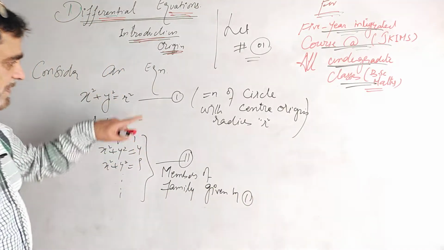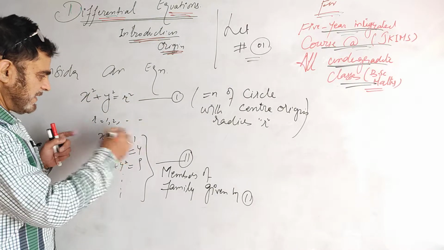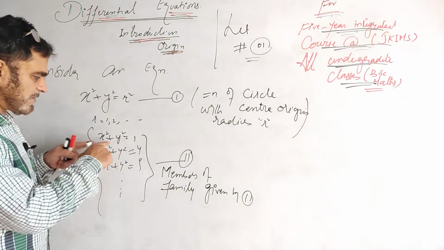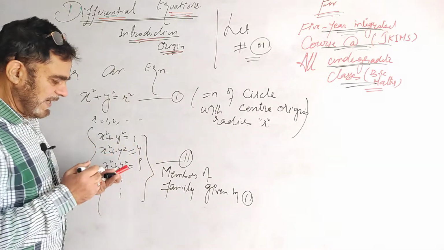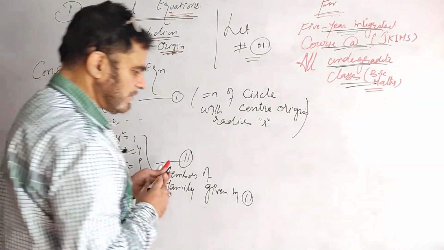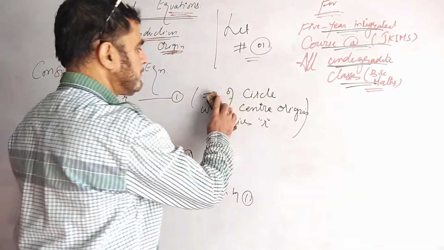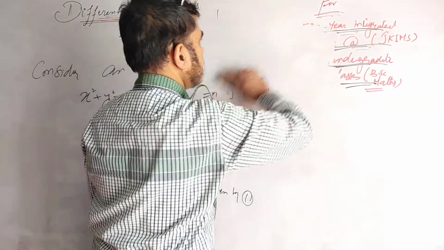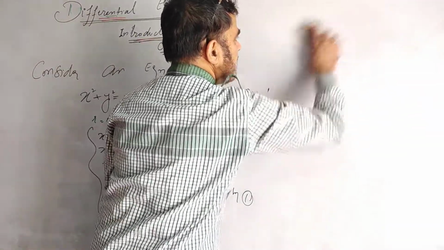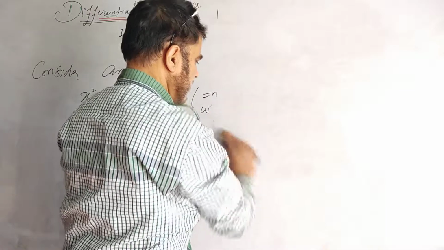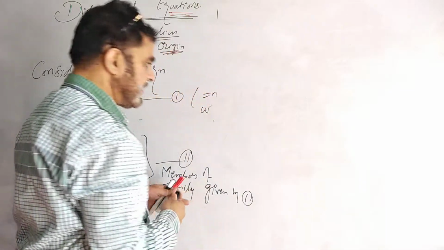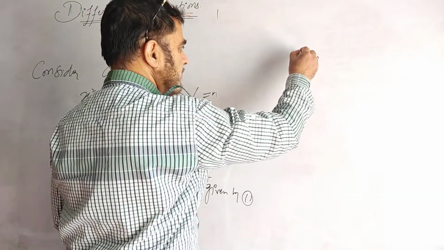When we give different values to r, we get these members: x square plus y square 1, x square plus y square 4. And if you look, what does this actually represent? This represents a family of concentric circles like this.